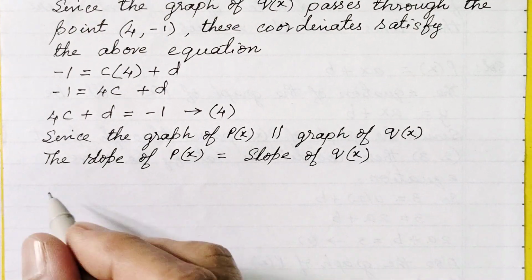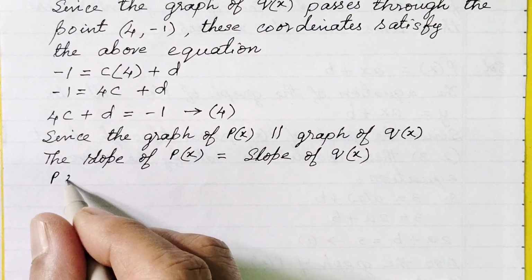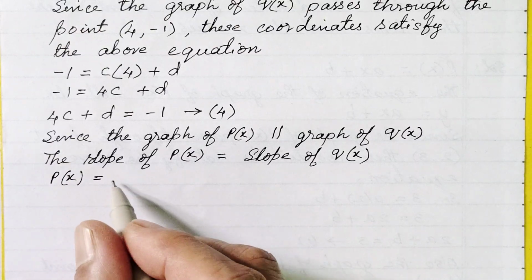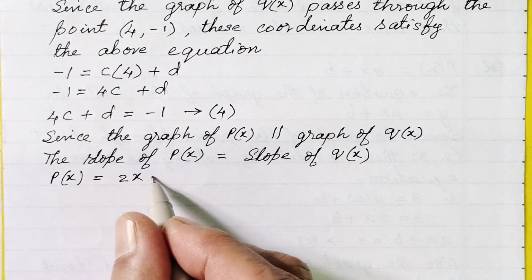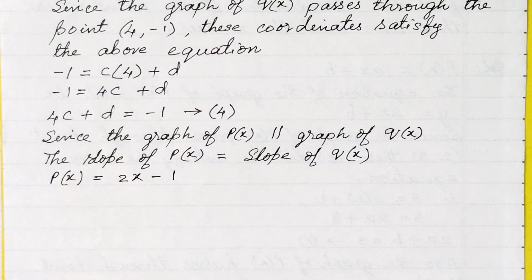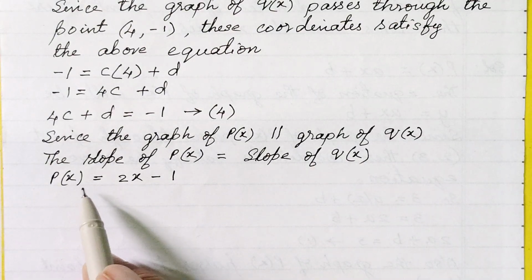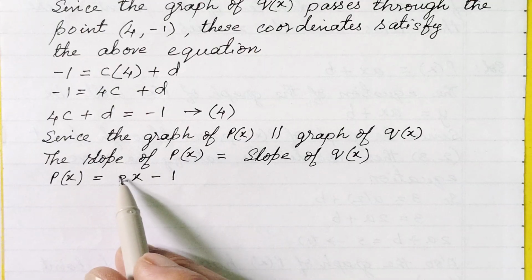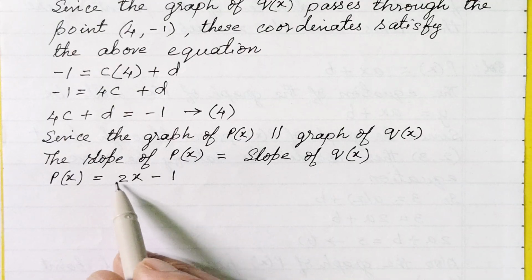So now what is Px? Px is equal to 2x minus 1. So the slope of the graph of Px will be 2, because this is the value of A. A shows the slope.